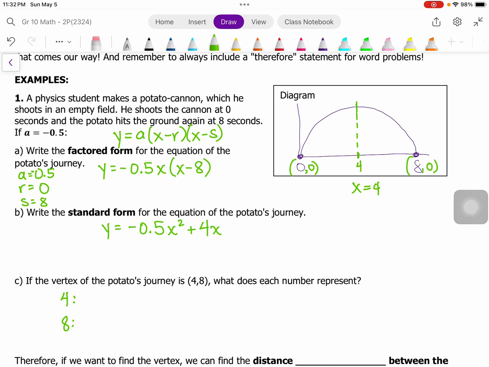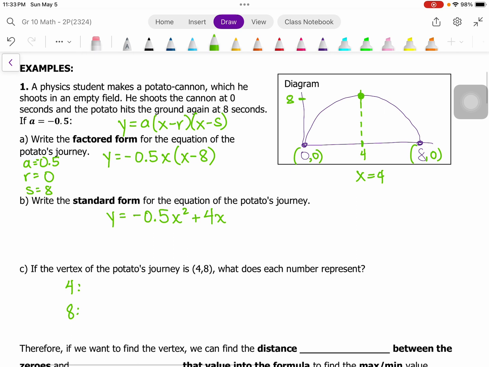And the axis of symmetry goes through the vertex, which is either a minimum or a maximum. Because this one has a negative a and opens down, in this case our vertex is a maximum. So the 4 is our x value, on the x-axis, and that was our time. So we had 0 seconds and 8 seconds.